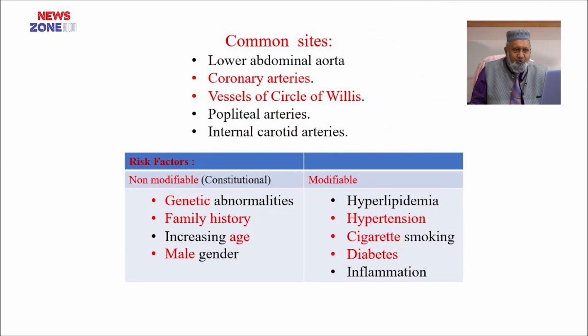You have to know the common sites of atheromatous plaque formation. The important ones are the coronary arteries and the vessels of the circle of Willis. Others are the abdominal aorta, popliteal arteries, and internal carotid arteries.